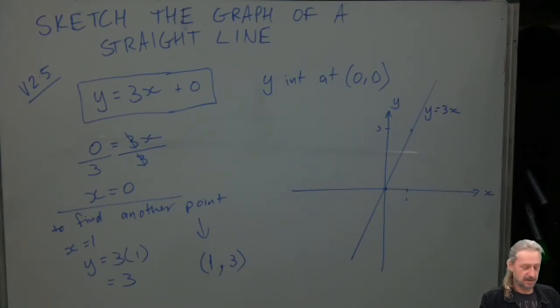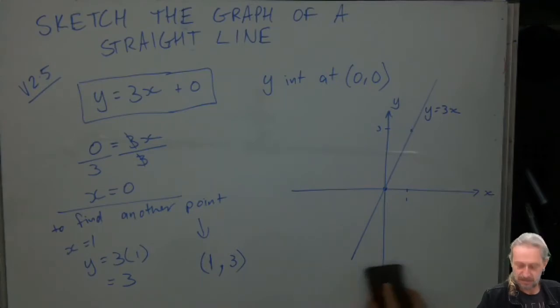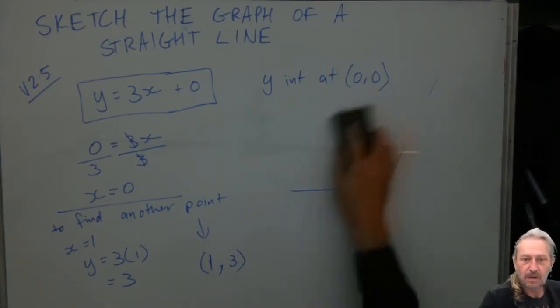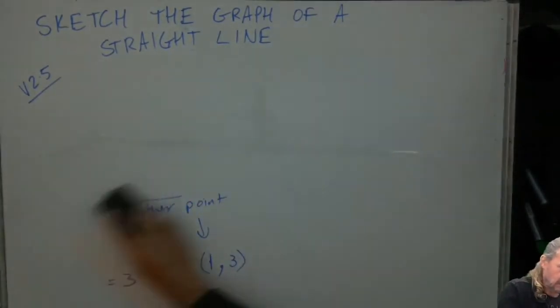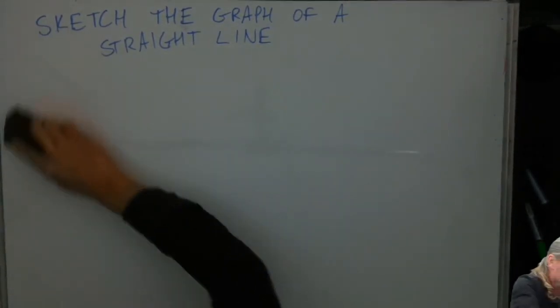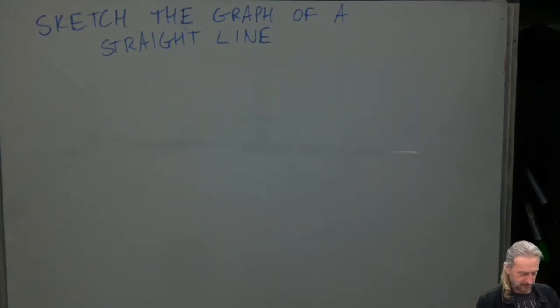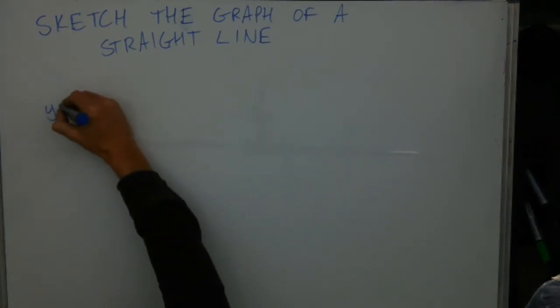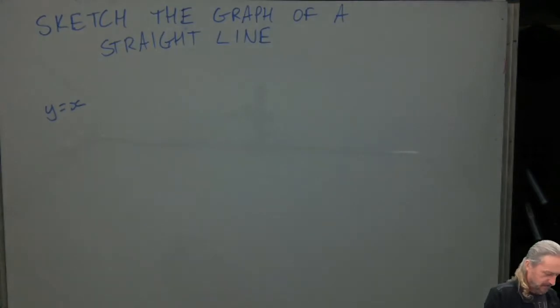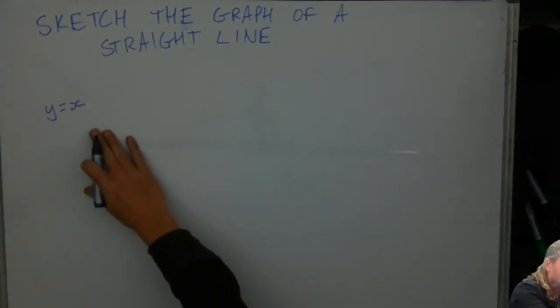Hopefully that makes sense. Right, so the last little thing is the shaded area in the book, and it is essentially just a summary of some basic graphs. So our first one is y equals x. That's the most basic line.